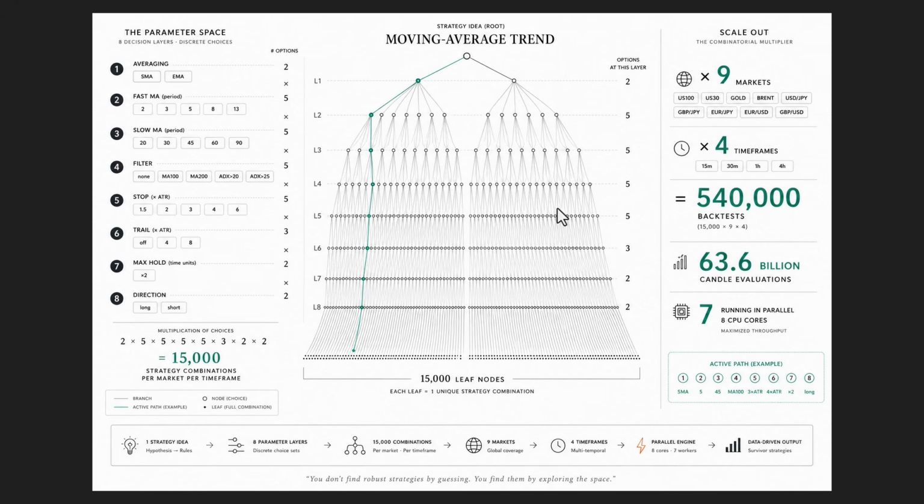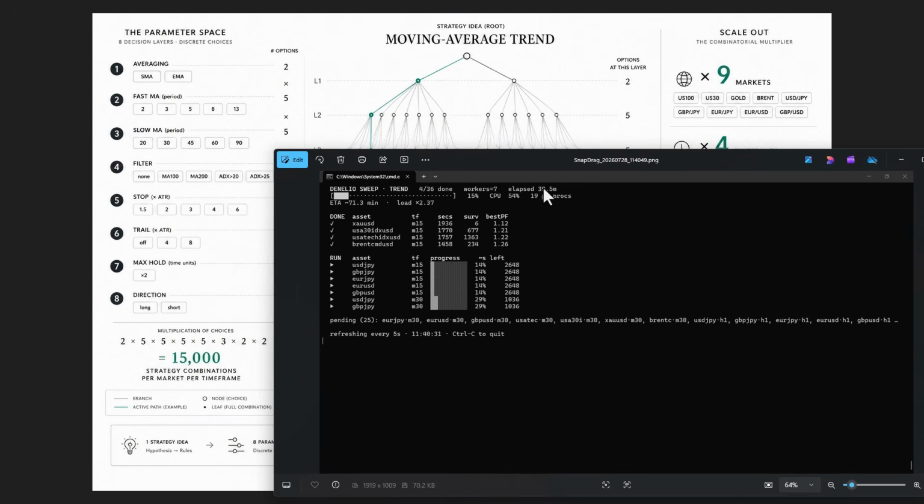And here's the thing: I'm running it, for example on this one, on Forex, with 16 years of data from 2010 all the way to 2026 running at the same time. This one was at 40 minutes, and the estimated time to finish was 70 minutes.